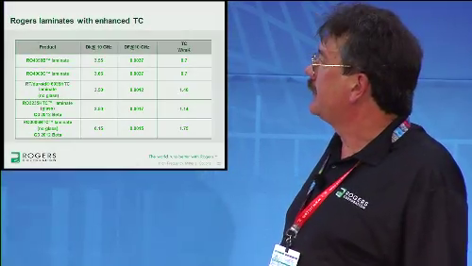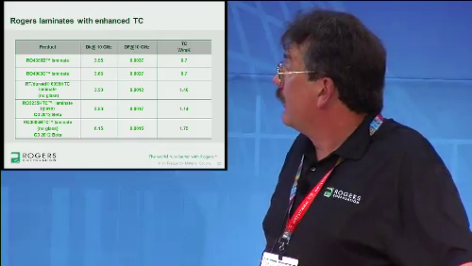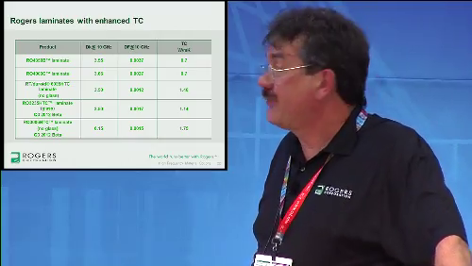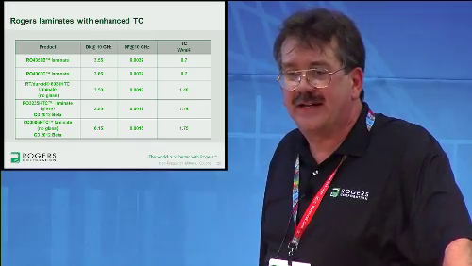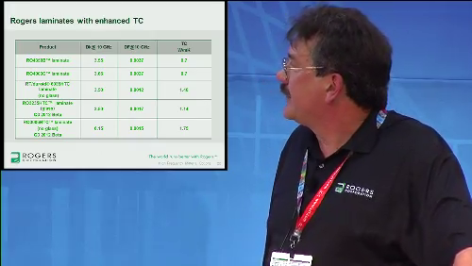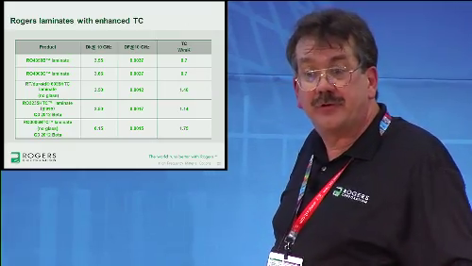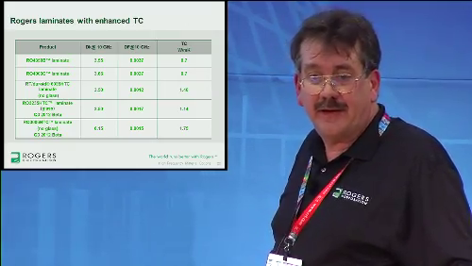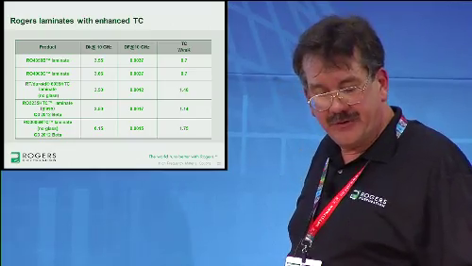They're at 1.4 watts per meter K. And later on this year, we hope to be introducing 2 commercial versions of this material. One with a dielectric constant of 3.5, low loss, and a somewhat reduced thermal conductivity because of the presence of glass cloth, and one with a dielectric constant of 6 and 1.7 or 1.8 watts per meter K. Hopefully we'll be doing beta sampling later this year.